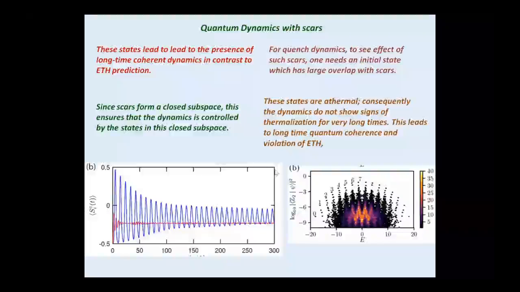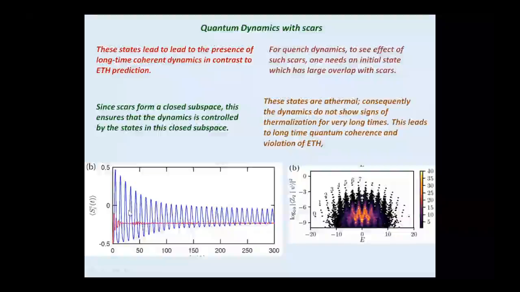Now these states essentially are athermal; they are not ETH obeying, so they can, in principle, lead to long-time coherent dynamics, and in this case, it turns out that they do. So one of the important things is that if you start from an initial state and evolve the state according to some drive, as long as these scars have finite overlap with this initial state, they control the dynamics.